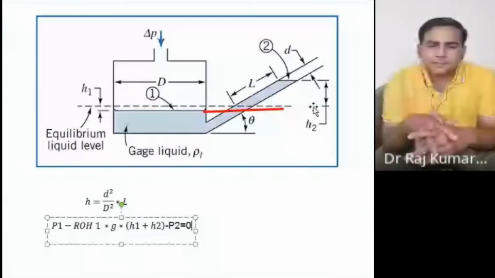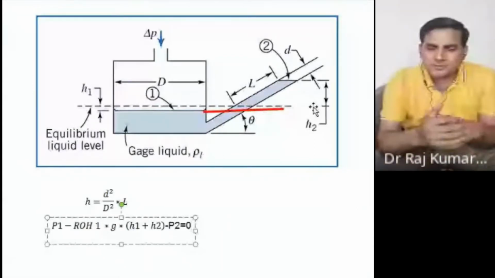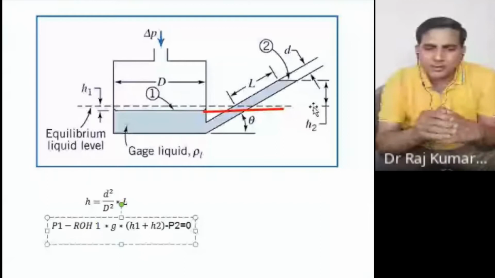After that you substitute what is your H1, what is H2. You can write here H1 is equal to, minus P2, small d by capital D square into L. So first see what is your H1.